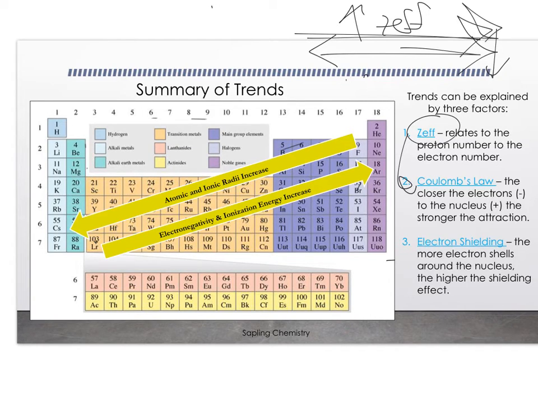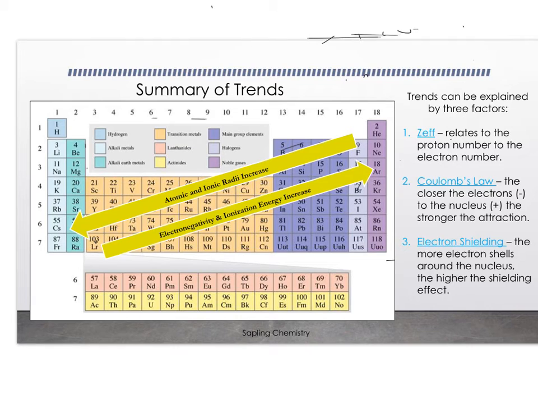So going across the periodic table, that's related to your effective nuclear charge and Coulomb's law, where you're creating that stronger attraction. Then as you go down a group, you're increasing the size or radius, but you are decreasing electronegativity and ionization energy, because you're increasing the number of shells around the nucleus, so you're increasing the electron shielding.